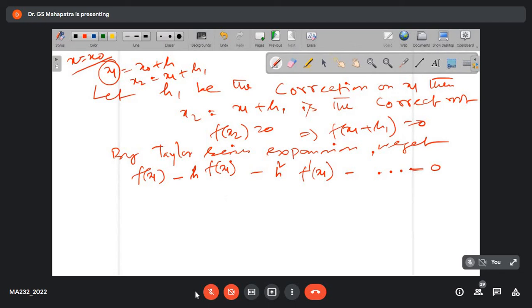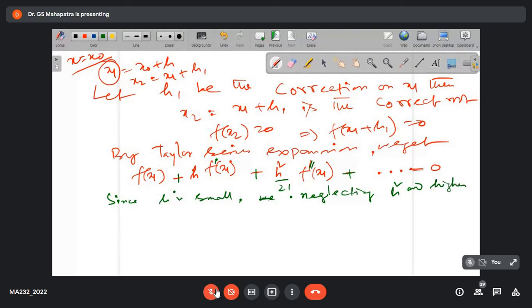Again, since h is small, we can neglect h square and higher order terms.